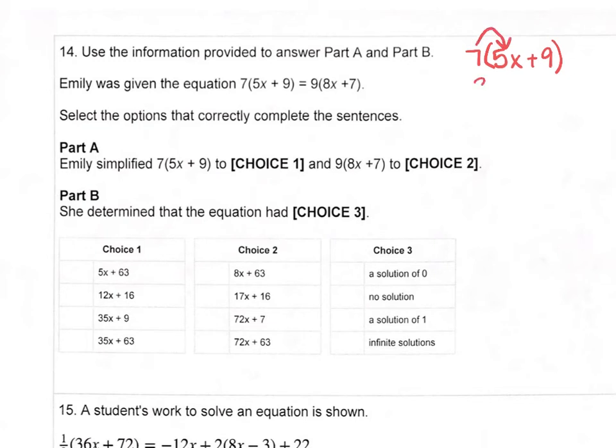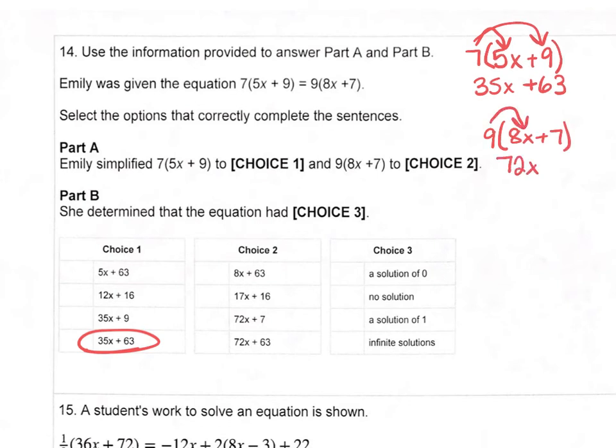We use distributive property to get 35x plus 63. And then she simplified the right side, 9 times 8x plus 7, used the distributive property to get 72x plus 63. We just multiply each term by 9, and we get that for choice 2.